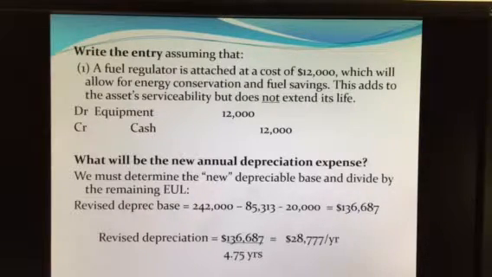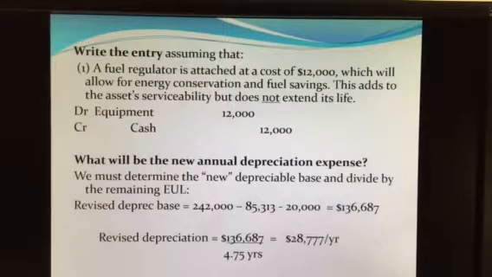Now, what will be the new annual depreciation expense? Well, we have to recalculate the depreciable base because we've made a change now to the asset account. Now, here's where I strongly encourage you to do what I do, and that is to set up T accounts.